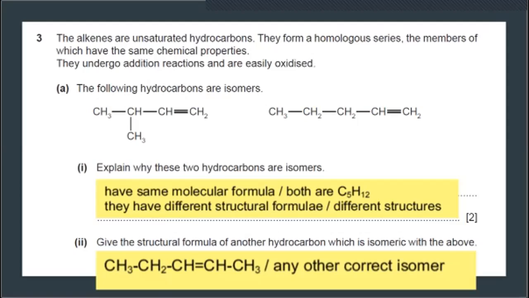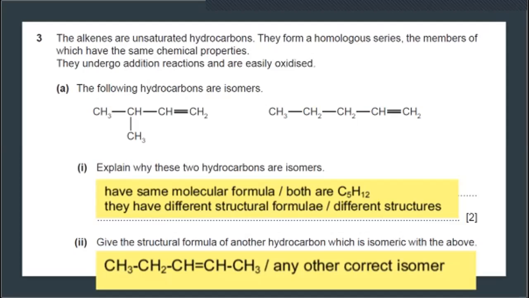The following hydrocarbons are isomers. Isomers have the same molecular formula, but different structural arrangement. Part 1. Explain why these two hydrocarbons are isomers. They have the same molecular formula, same number of carbons, same number of hydrogens, but they have different structural formulas or different structural arrangements, right?